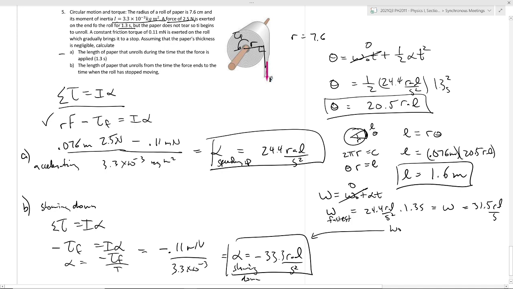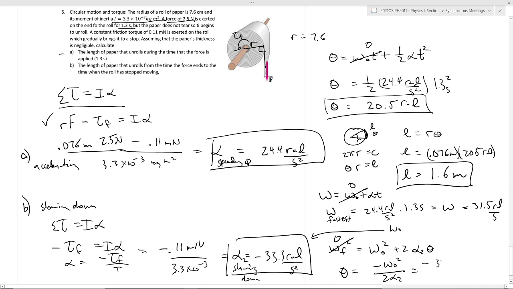And then all we have to do is we can use our other kinematics expression, that omega final squared is omega naught squared plus 2 times this new alpha, maybe we'll call this alpha 2, times theta. So it has an initial speed now because it was going fast, but it's going to go to a speed of 0 because it's coming to a stop. So then we can just solve this for theta, which is going to be negative omega naught squared over 2 alpha 2.